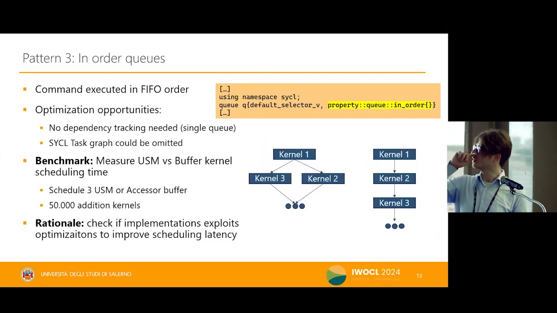Third pattern, the in-order queue. In-order queue is a very simple feature: the commands are executed in FIFO order instead of the classic out-of-order implementation. The interesting part is that, as commands are executed in FIFO order, there are some optimizations that can be exploited. For example, we don't need the dependency tracking system.